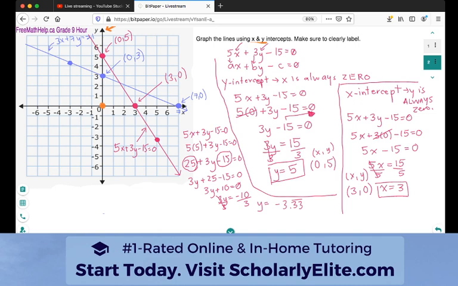So if we know x, we can solve for y and vice versa. And when they've asked us for the x and y intercepts, we can always use the information that we know. The y-intercept always has x as 0. So if you're looking for the y-intercept, just plug in x equals 0 like we did here. And for the x-intercept, the y is always 0.